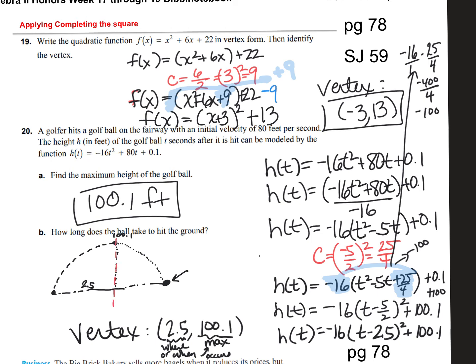So if the distance from the axis of symmetry to the left is 2.5 seconds, then the distance from the axis of symmetry to the right is 2.5 seconds. So think about that for a moment. How long does it take the ball to hit the ground? And hopefully you realize it takes 5 seconds for that ball to hit the ground.